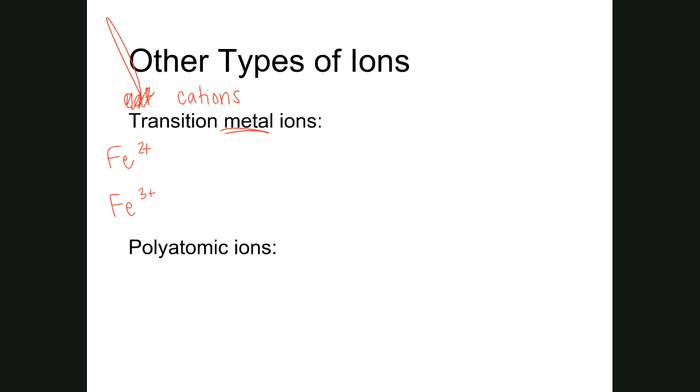Now, I don't expect you to have this memorized, but if on a test or a homework you're given this ion and you're asked to name it, you should be aware of the proper terminology for naming a transition metal. So we start by just calling it the name of the metal, and then in parentheses, we put the Roman numeral charge.